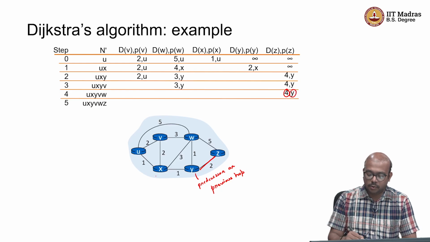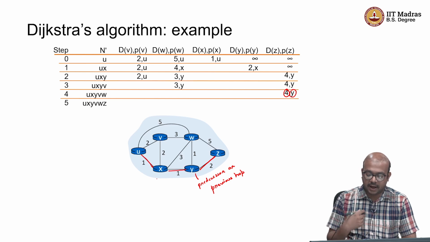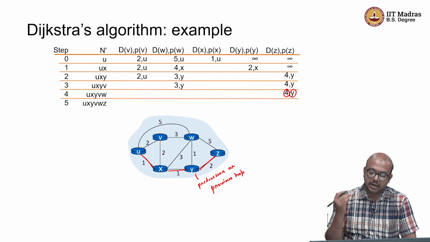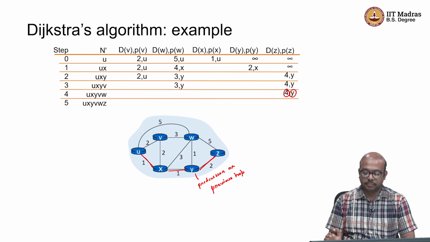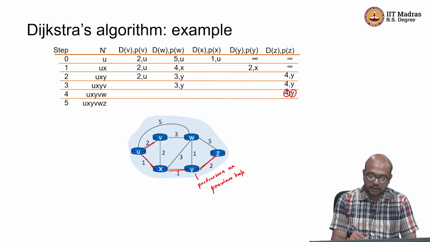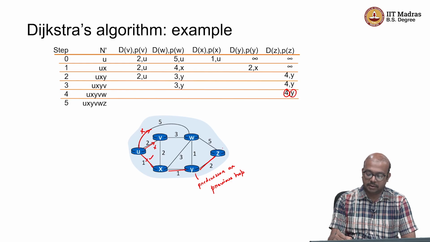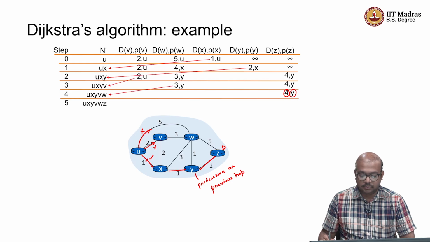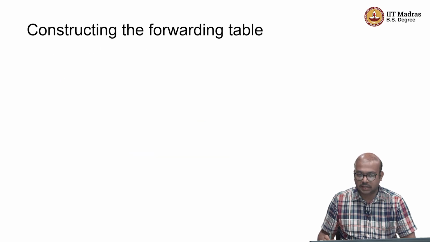From here I need to construct this path, and if I am x, I should be able to know that my next stop is y, or if I am u, I should be able to know that in order to send the packet to z, my next hop is x. My next stop is not v or w, my next stop is x if I want to send the packet to this destination. So, we have to construct the forwarding table now.